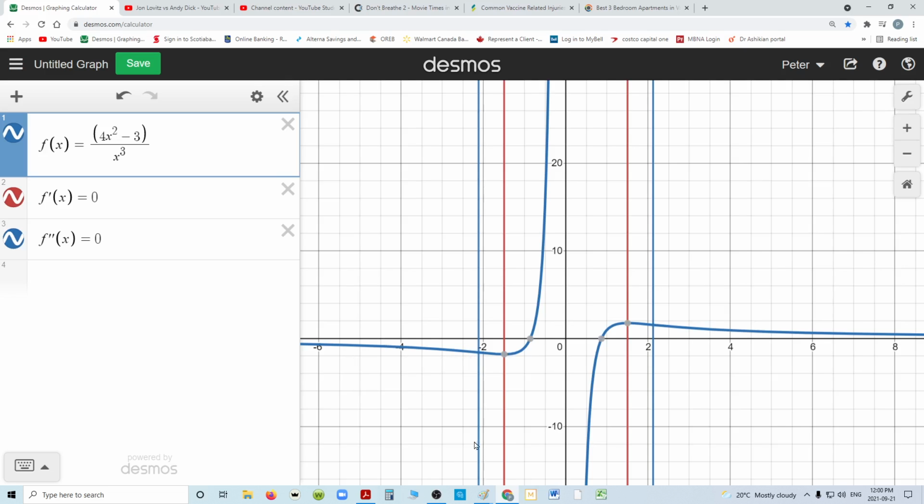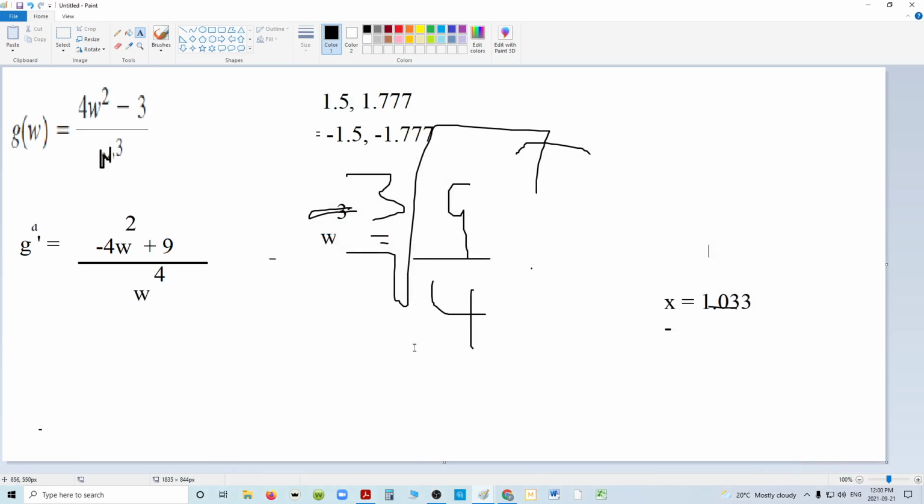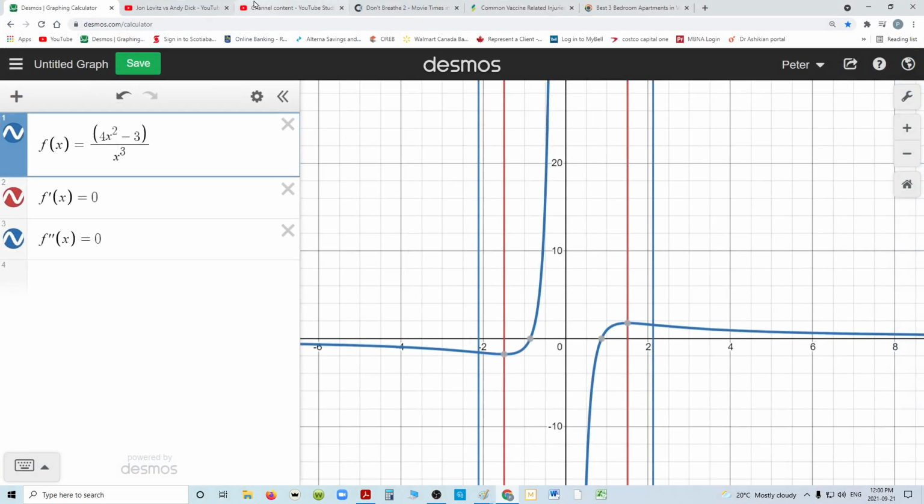Makes sense that there was mirrors, so I'd have to go back and take the derivatives twice. So 4x squared minus 3 over x cubed. This is where Symbolab is good.